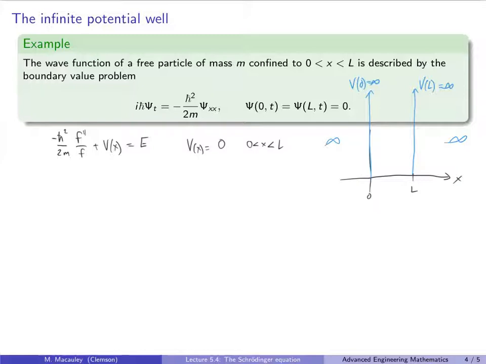Okay, so how does that work? Let's say that outside of 0 to L, this is infinite, so the particle can't exist anywhere outside of here. So now we have two terms. We have this first term plus infinity is E, and E is some finite energy. It's a constant. It's some energy level.